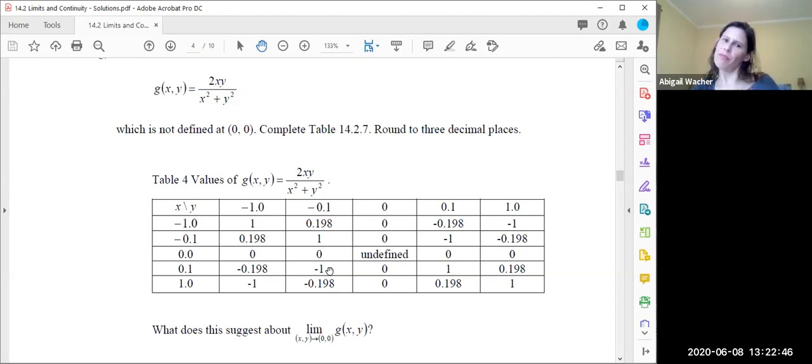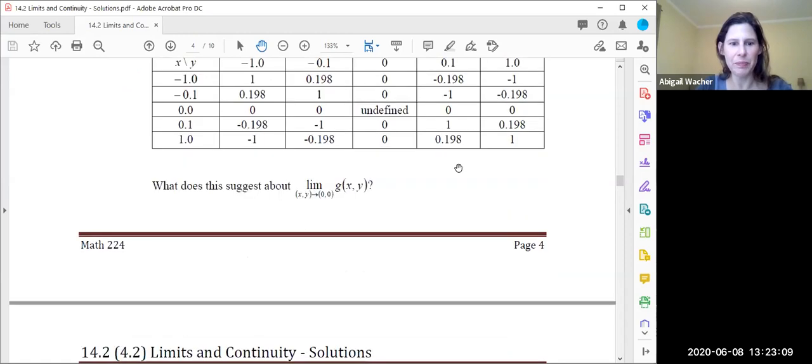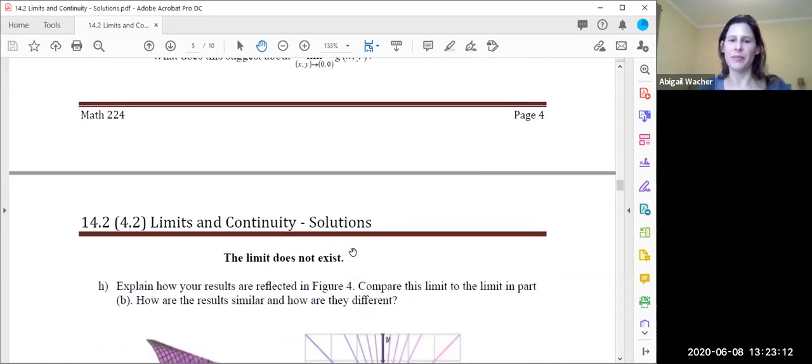So if we didn't have that undefined in the center, it almost looks like these limits are the same on both sides, right? But not this one. So it looks like the limit does not exist. Okay, so that's pretty much all I would say. The limit does not exist. That's what we conclude.